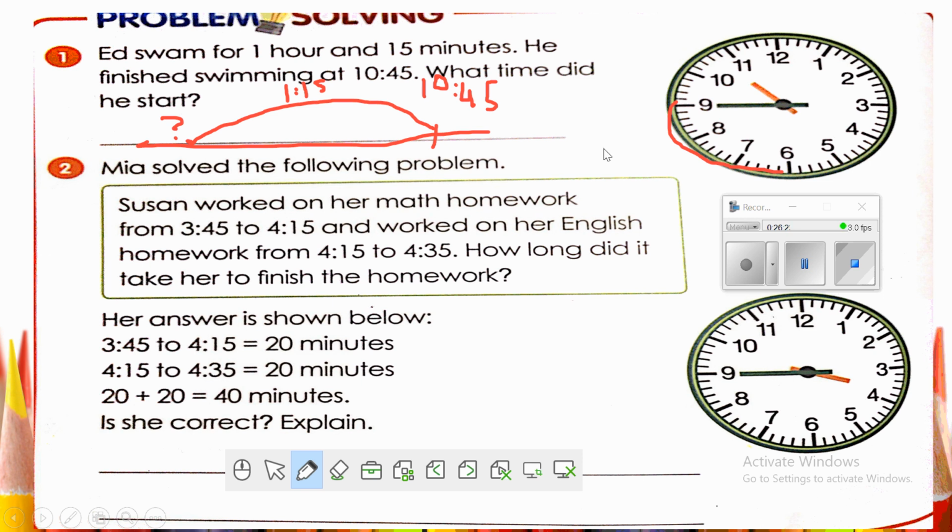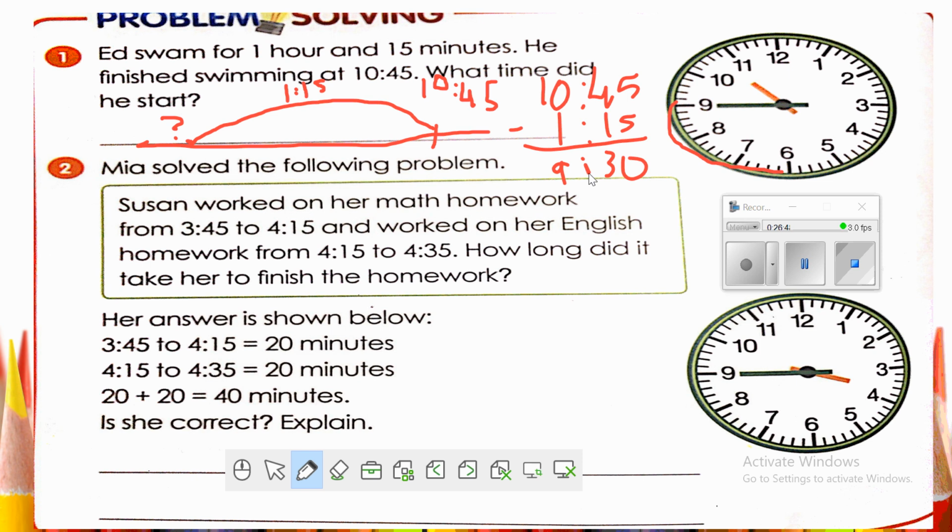It will be 9:30. You can make it on the clock or you can just make an equation. It's 10:45 minus 1 hour and 15 minutes. 45 minus 15 is 30 minutes and 10 minus 1 is 9:30.